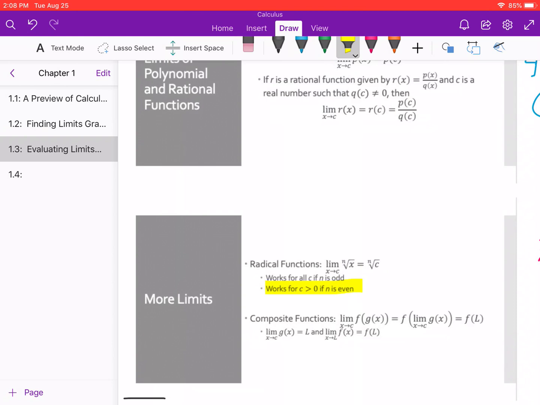So what I mean is, remember we can't take the square root of -4. That gives us an imaginary number, so we need that c value to be positive in order for this rule to work. Composite functions, the limit of f of g of x is f of the limit of g of x. You can use those rules, or you can just plug in like normal.